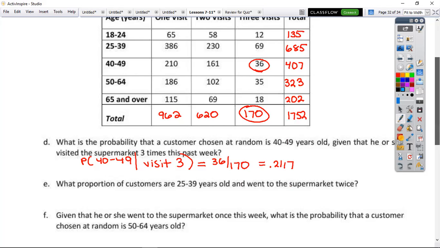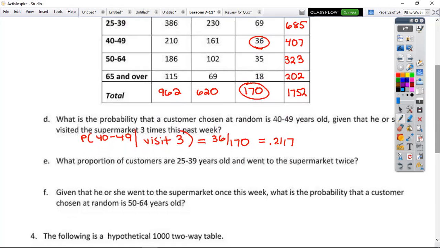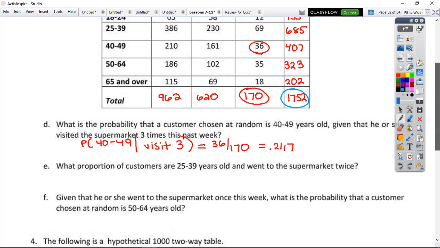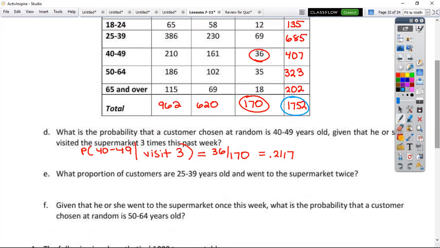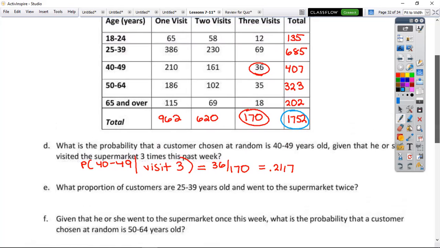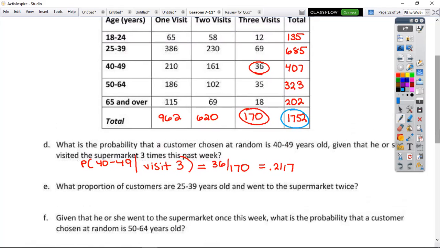All right, next one I'm going to do in blue. So it says, what proportion of customers? Of customers means I am using that 1,752 number. That is my total. I'm going to keep reading now. Are 25 to 39 and went to the supermarket twice. So I'm going to find where that box is. And went twice. 230.